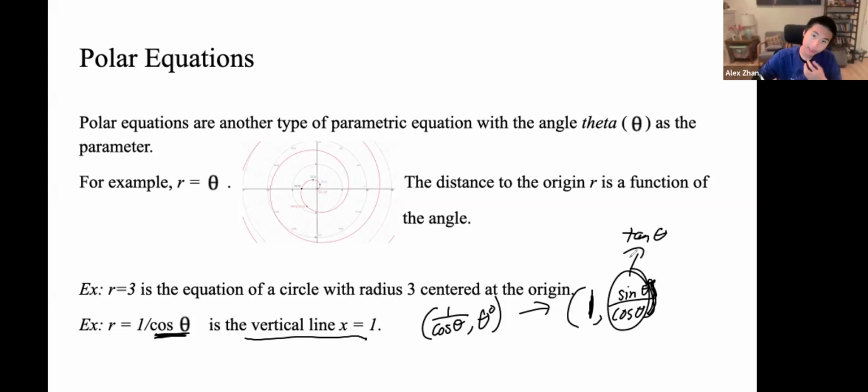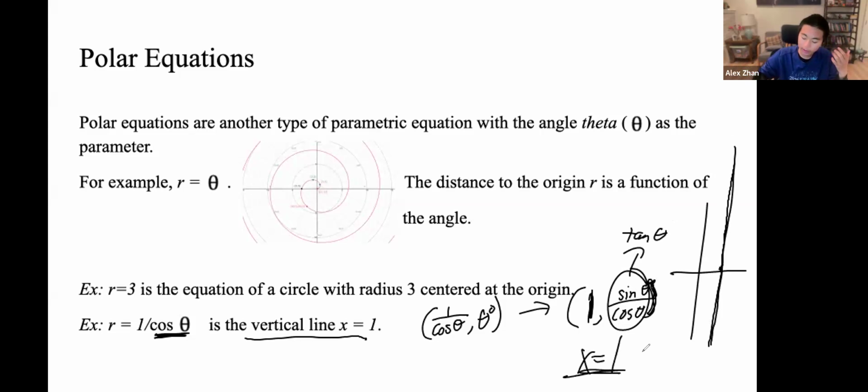And as you know, tangent theta can range anywhere from negative to positive infinity. So this is just all points with x coordinate 1, and the y coordinate can range anywhere from positive to negative infinity. And this is the definition of a line, because x equals 1, we all know, is the line that looks like this.